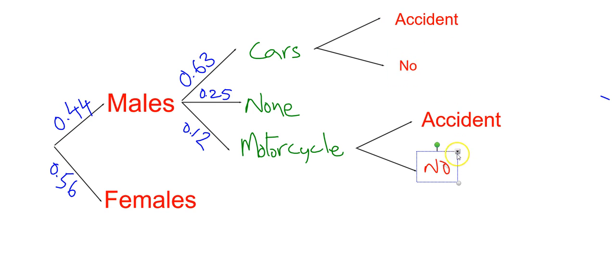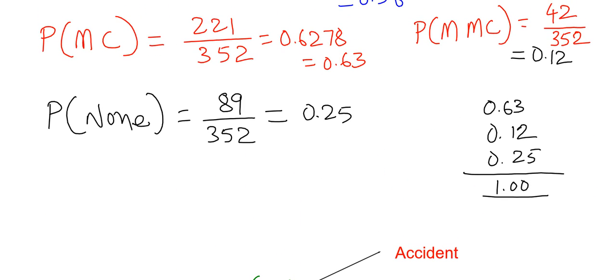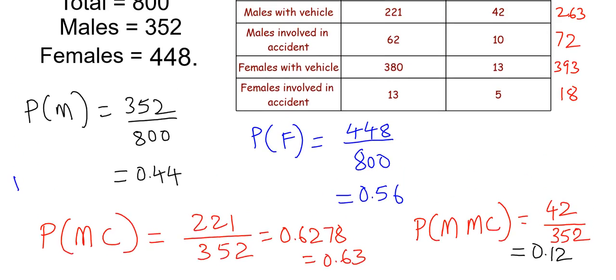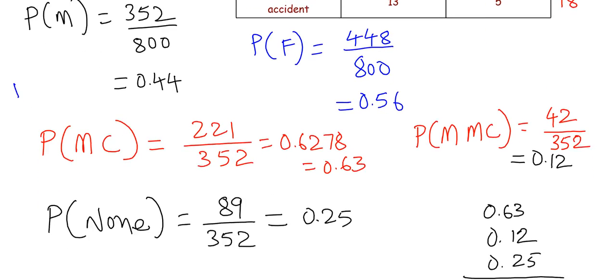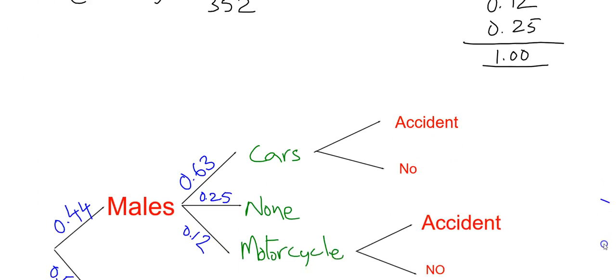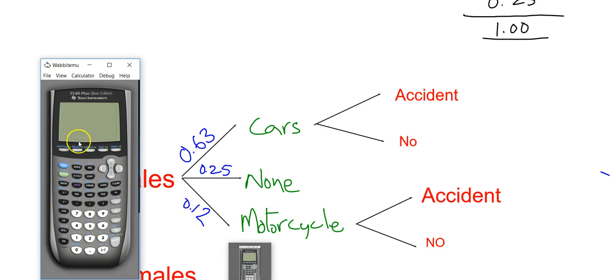Okay, and then let me write down those numbers. Car owners involving in accidents. These 62 out of 221, right? Let me divide that number. 62 divided by 221.